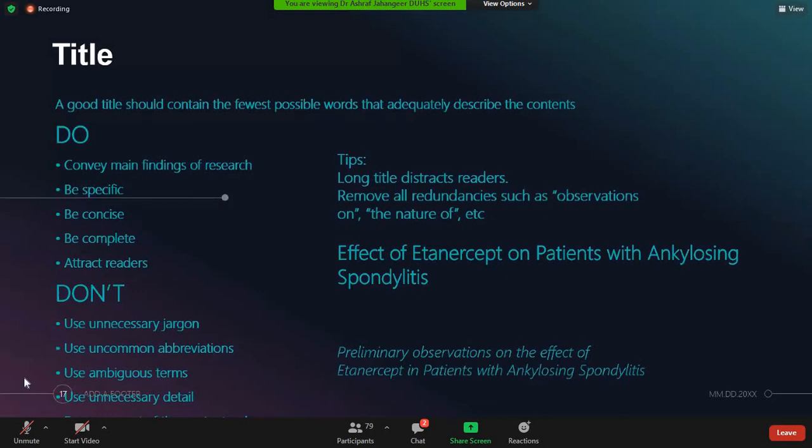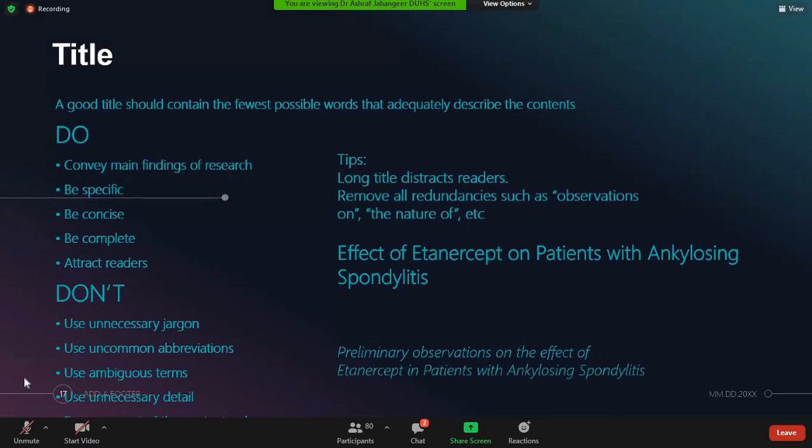That's a challenge. But most of the journals accept titles up to 20 words long. So just make a specific, complete, concise title which attracts the reader, and then you are good to go.